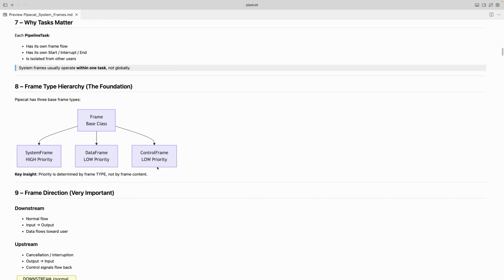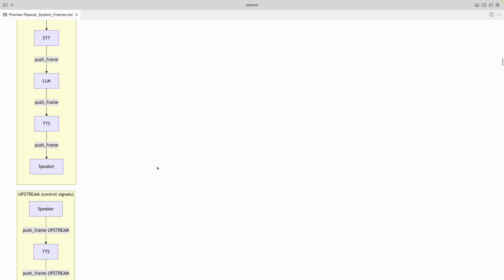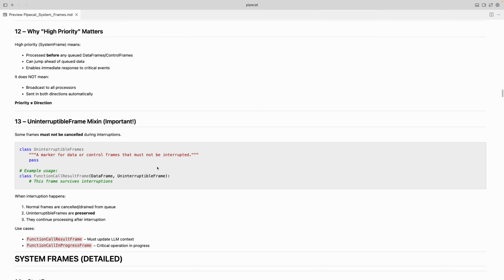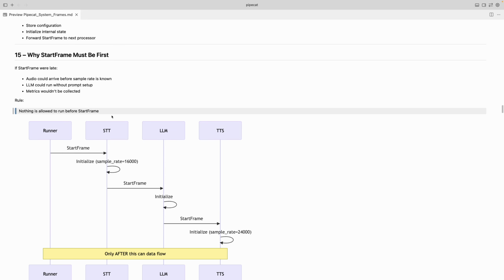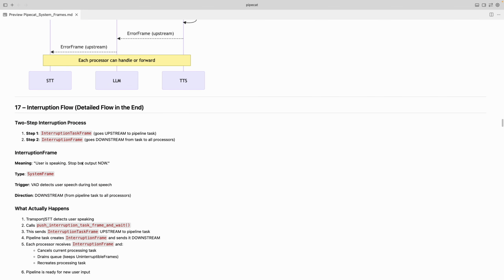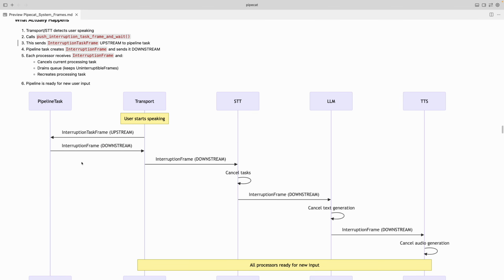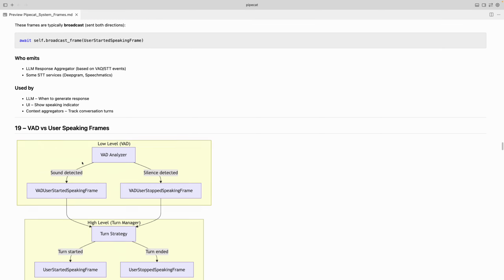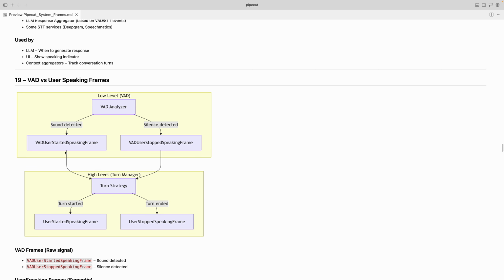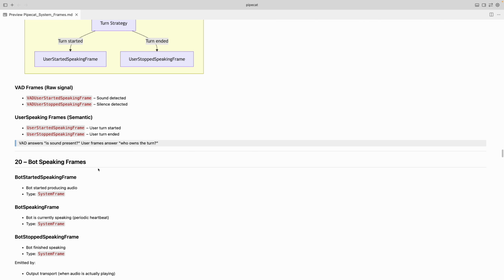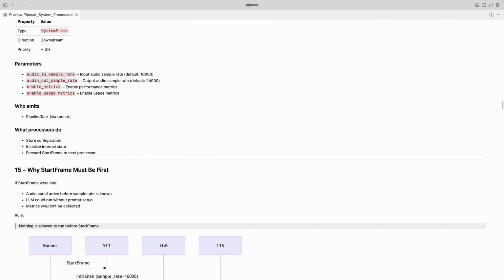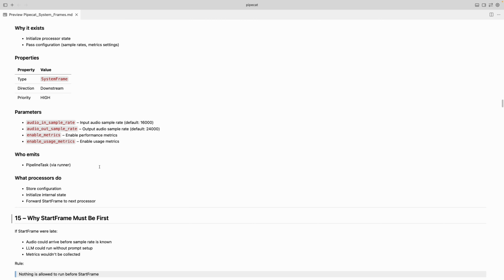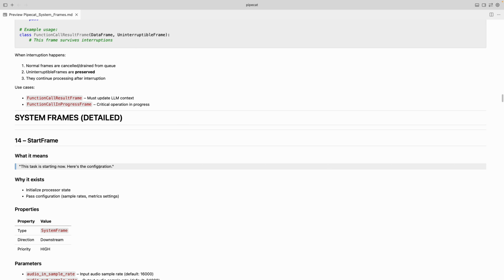So I'm gonna be again discussing a few examples of system frame. In the system frame, if you remember, we had start frame, error frame, interruption frame, user started speaking frame, and all of those frames. They are examples of frames which are of high priority.